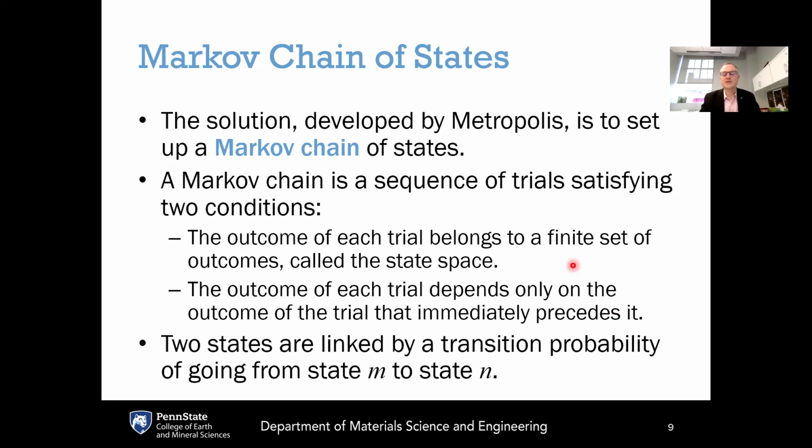In other words, it has lost memory of anything before the immediate predecessor of that state. So the next state that's chosen comes from a finite set, and it only depends on your current state, not on any history. That's really key to setting up this Markov chain. The two states, the current state and the next state, are linked by a transition probability of going from some state M to some state N.